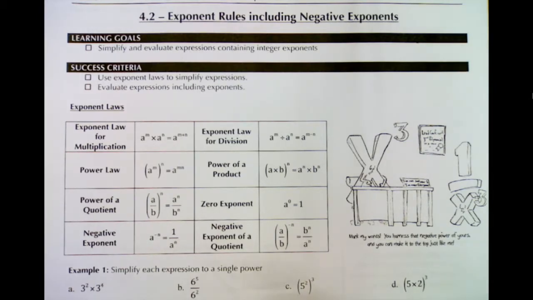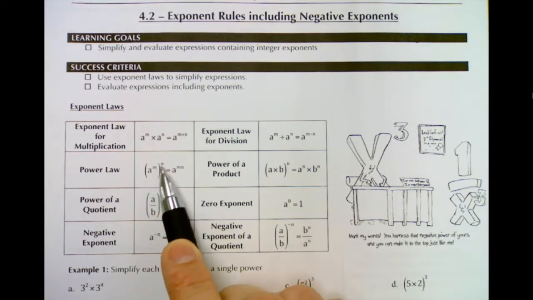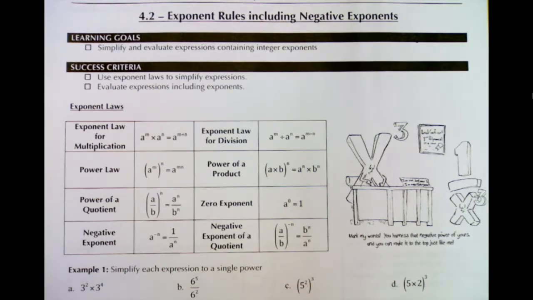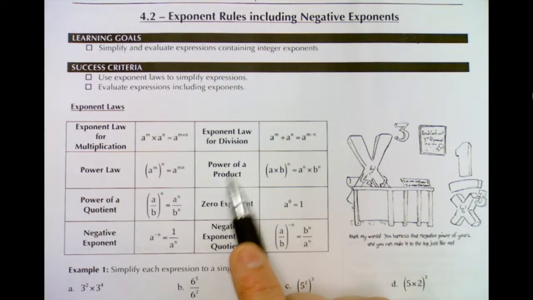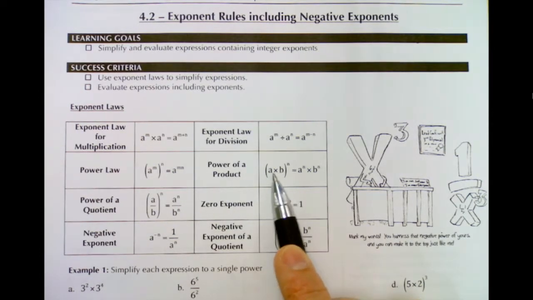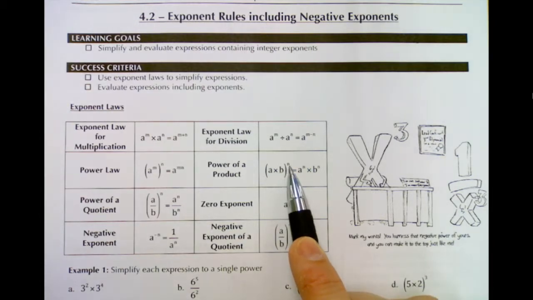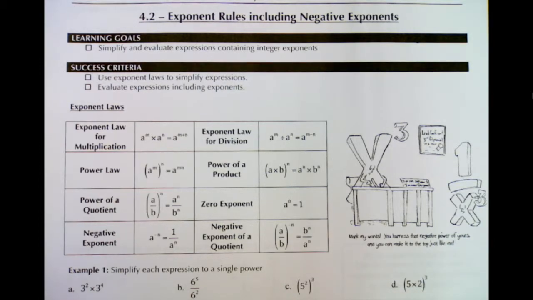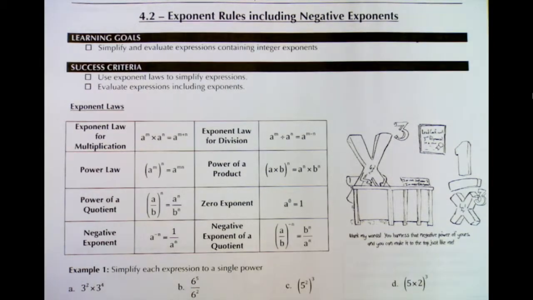Power law is what happens when you have a power raised to an exponent. When that's the case, you multiply the exponents. Power of a product is if you have a multiplication inside a bracket and you have an exponent outside, the exponent gets applied to both of the bases, and then you would multiply.